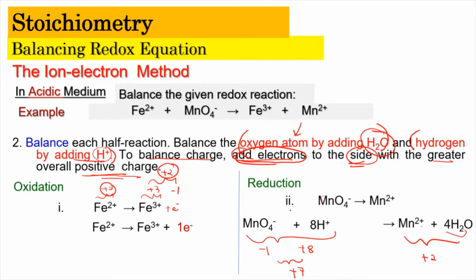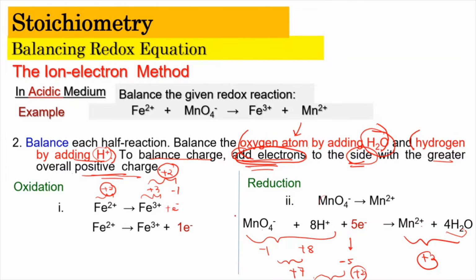So what you're going to do is add electrons to the side with the greater overall positive charge. So you need to add electrons here in order to reduce the number. In order to make +7 to +2, we need to add 5 electrons, because 5 electrons means -5, and hence the overall is going to be +2. So the left hand side and the right hand side are the same.